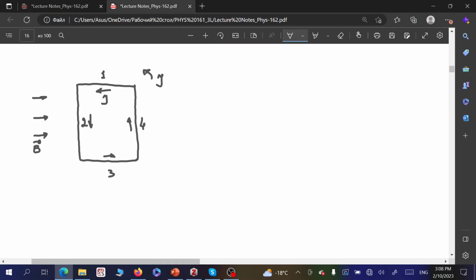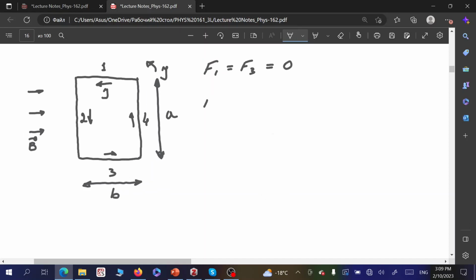So we still have segments number 2 and number 4, so we need to identify also the main sizes of this. So let's say this width will be b and the length will be a. So we can write that F1 is equal to F3, that's equal to 0.